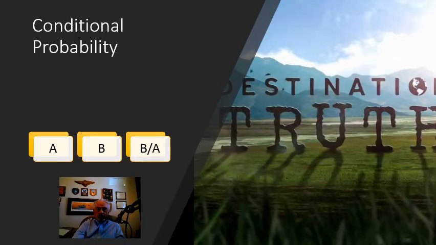Conditional probability. That's how we're going to deal with things that are uncertain or risky. We're going to be focusing in on conditional probability. In this case, with respect to the truth algorithm, we are going to be focusing in on two major things. Event A is the initial starting condition. Often it is called the a priori knowledge. And event B is updated information.